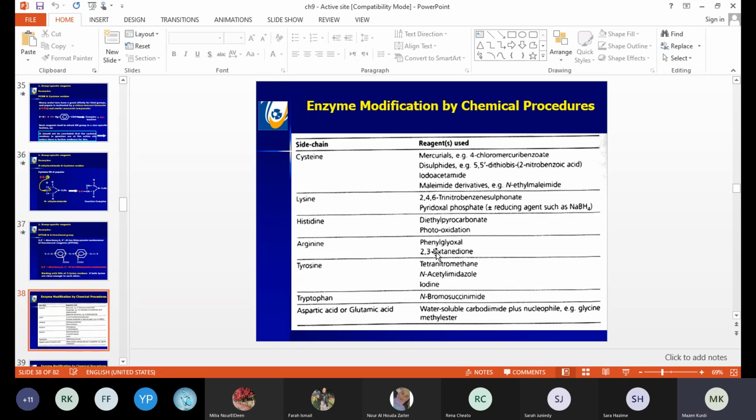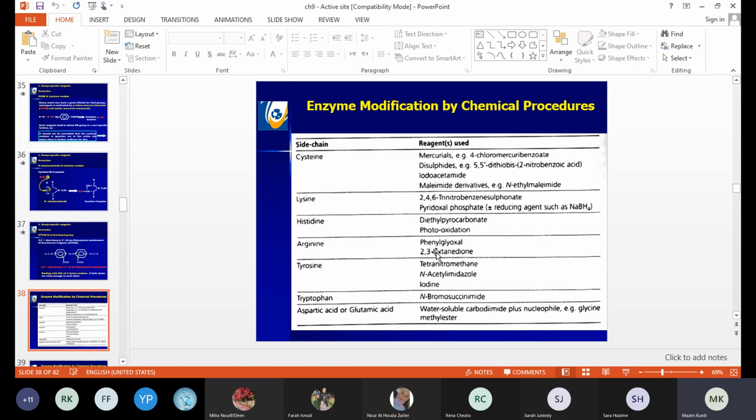So in this table you have a lot of molecules; you are responsible only for those we talked about a moment ago as examples, but in this table you can see a lot of reagents. They are specific with a specific amino acid side chain.